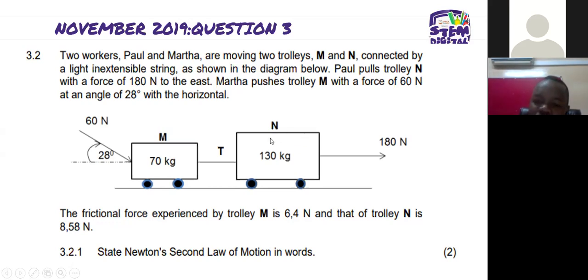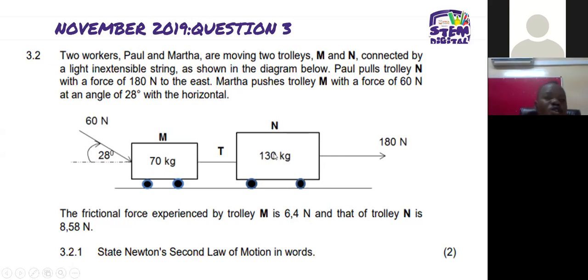Now, when the normal force decreases, the kinetic friction is also going to decrease. So you take this force that was applied by Paul, you apply it at an angle of 60 degrees to the horizontal. The normal force acting on this object will decrease.